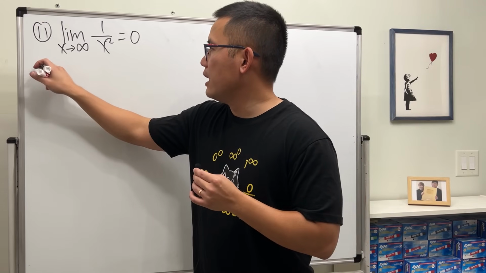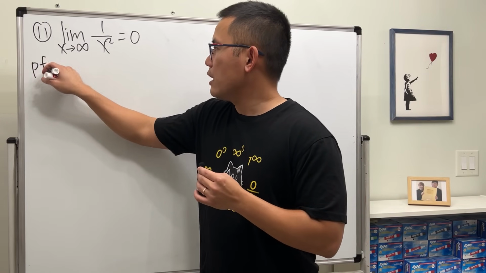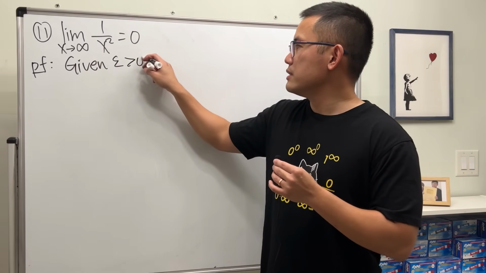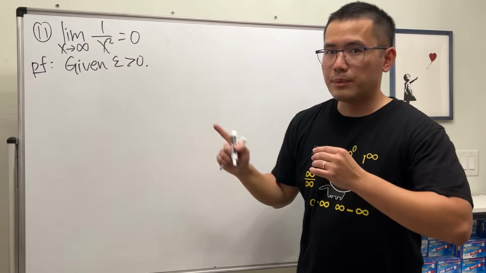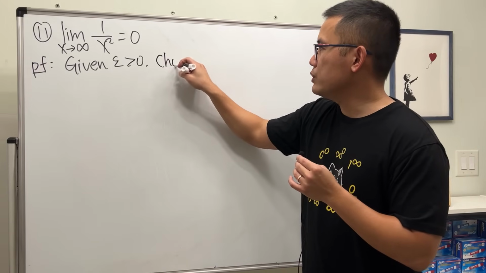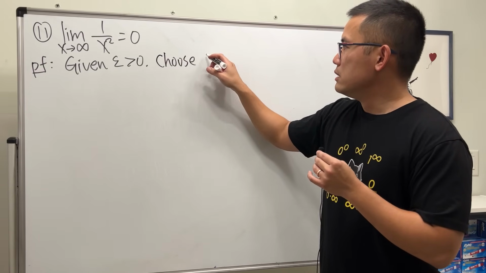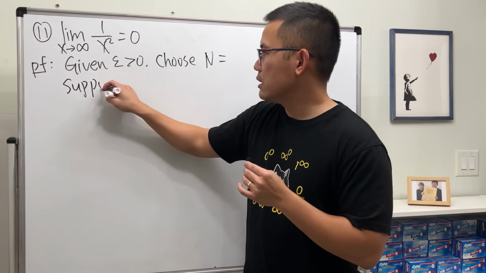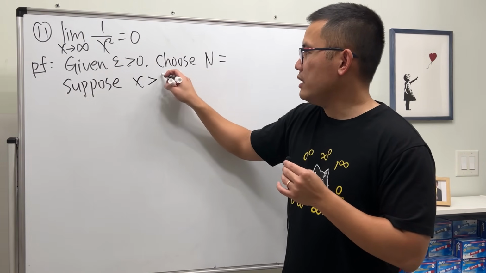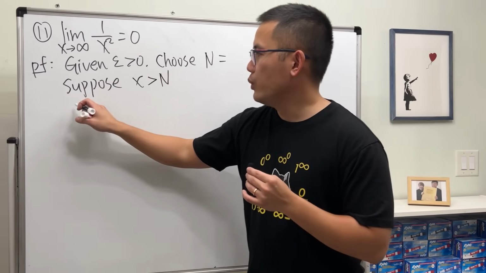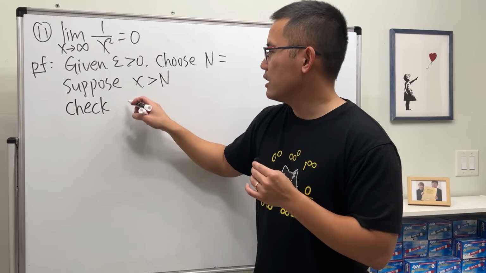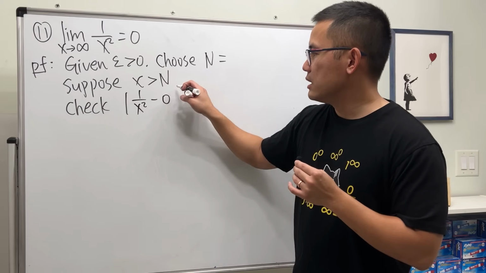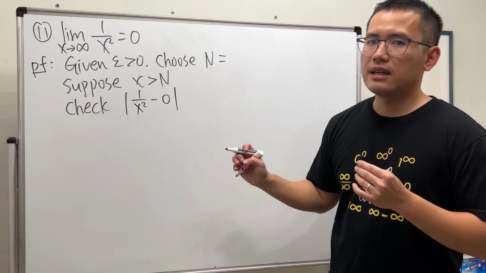Let's just go ahead and start with, given epsilon greater than 0, here x is approaching infinity, so we choose big N, and then suppose x is greater than N. Hopefully we can show that we check absolute value of our function minus the limit is less than epsilon.